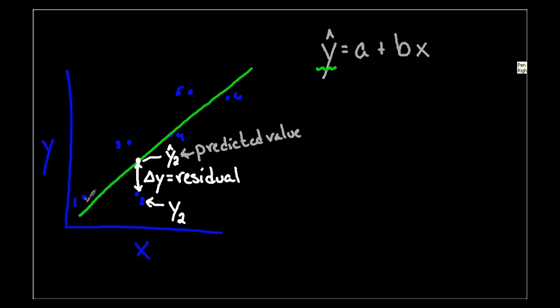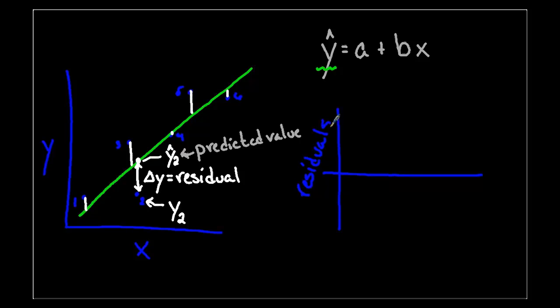Some of the residuals will be bigger than others, but data points 1, 3, and 4 have a tiny residual. Notice also that some of these residuals are above the x-axis or the linear regression, and some of them are below. To find a residual then, I take y minus y hat.